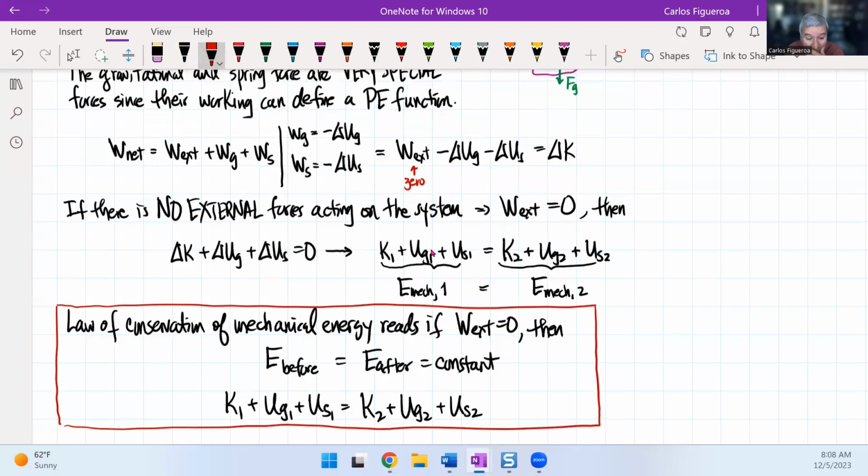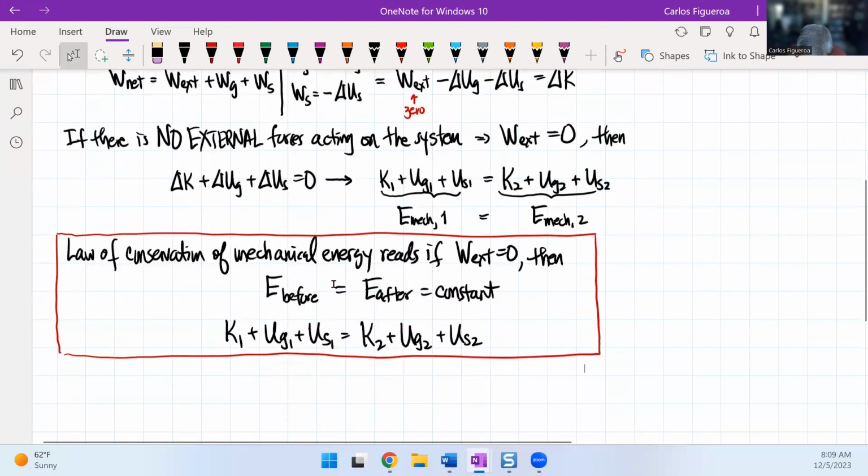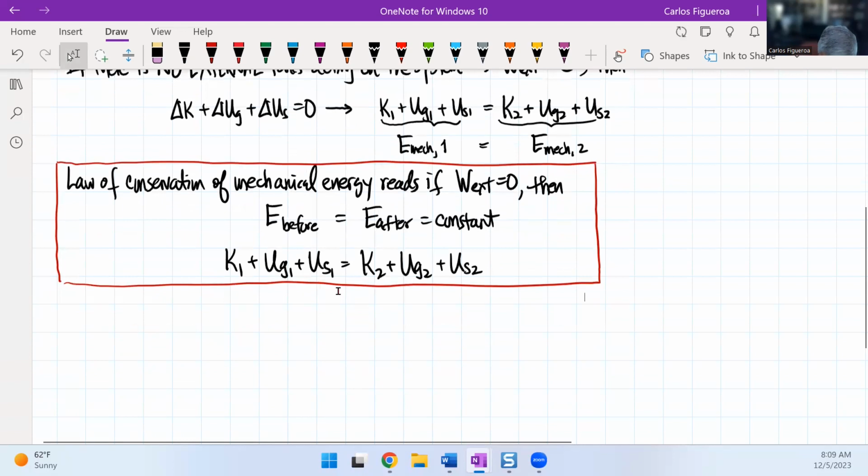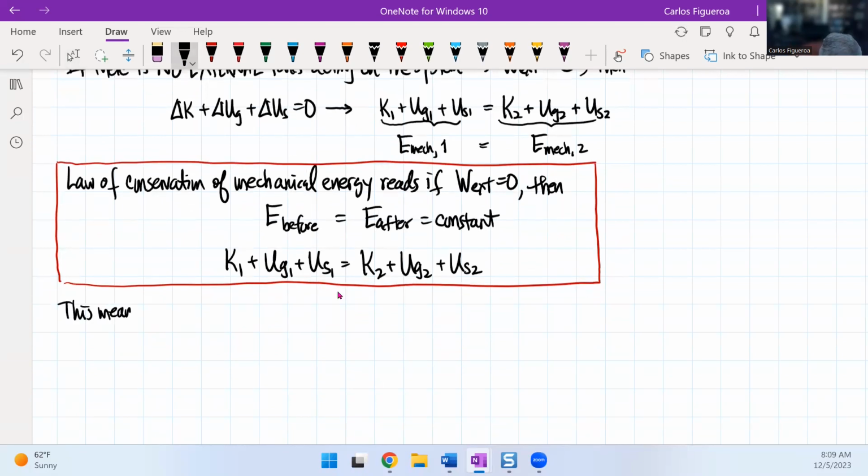This is the law of conservation of mechanical energy, and I would say that this is the most powerful law. If this is the case, then we have to draw our system differently here.